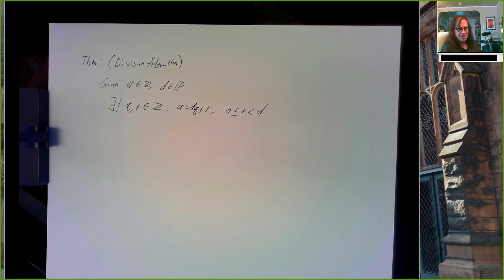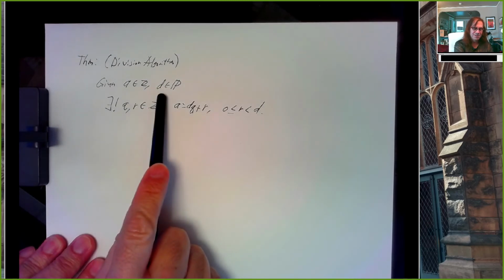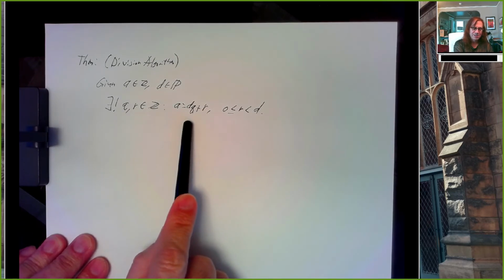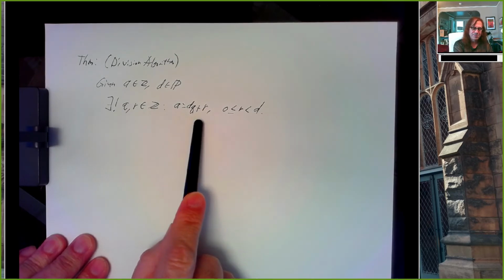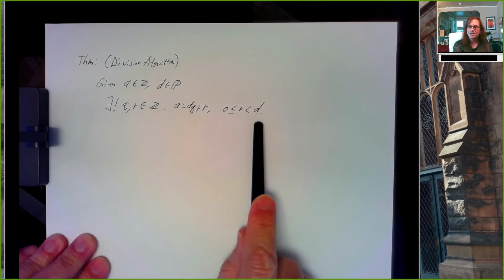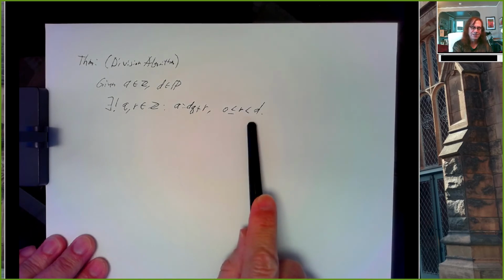So what this is saying is, given a number and a divisor, where the divisor is positive, there's a unique way to write our number as some multiple of that divisor plus some remainder, where the remainder is between 0 and d minus 1. Bigger than or equal to 0 and less than the divisor itself.